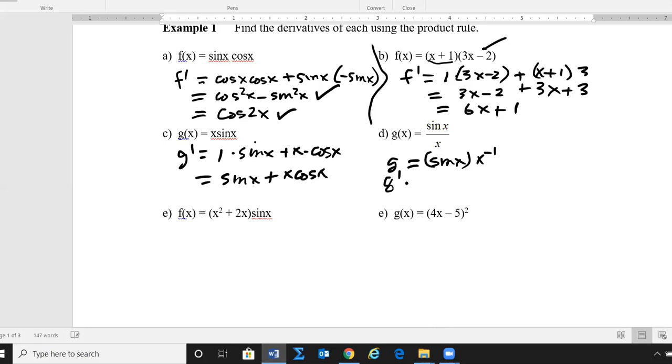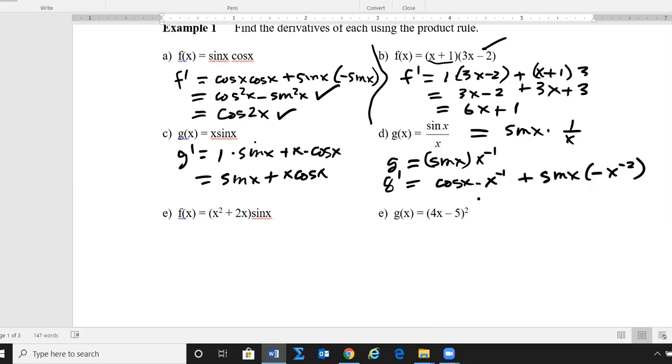G prime would be cosine of x times x to the negative 1, and then plus sine of x times negative x to the negative 2. That's the derivative of x to the negative 1. We could have viewed it like this, sine of x times 1 over x. But in any case, it looks like that.